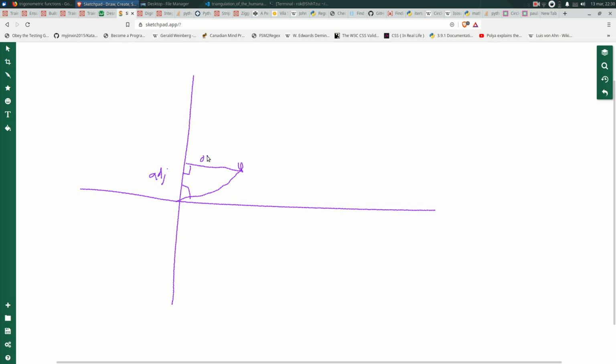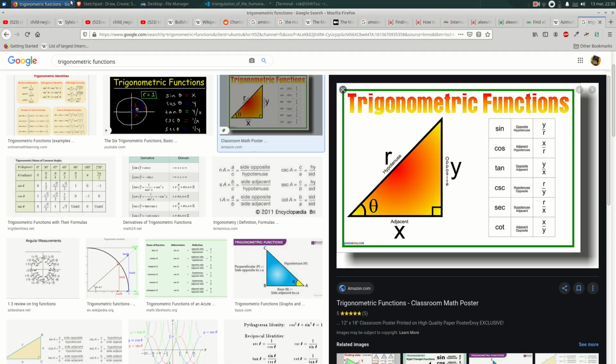So we say this is alpha, or theta; it was theta over there. So we do opposite with adjacent.